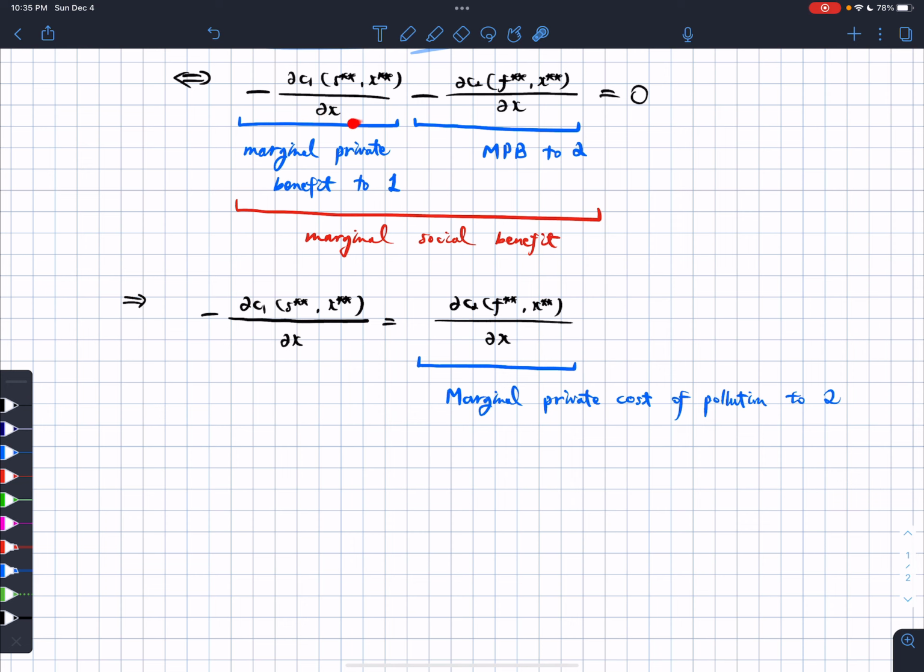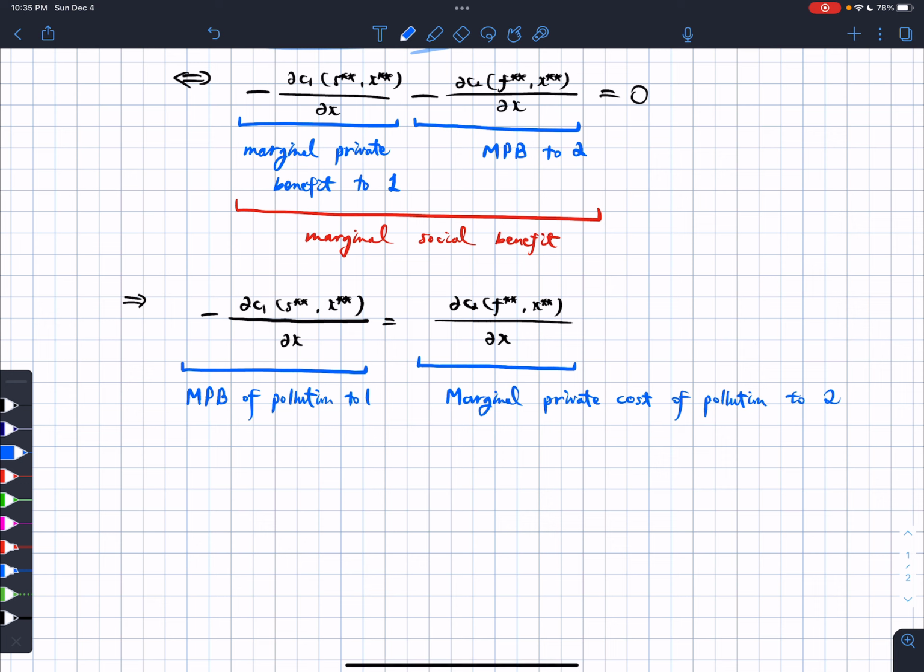So I wanted to compare everything in terms of the sign of this guy. Anyway, this is the marginal private cost of pollution to firm 2, and this one is marginal private benefit of pollution to firm 1, okay?